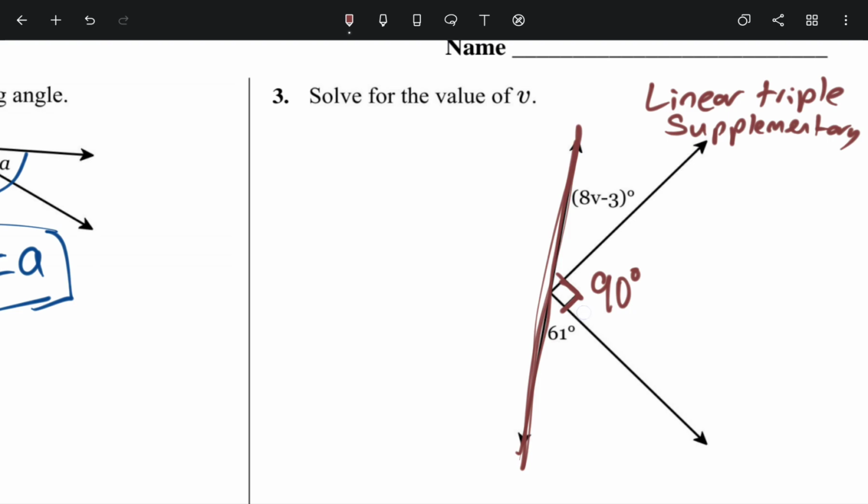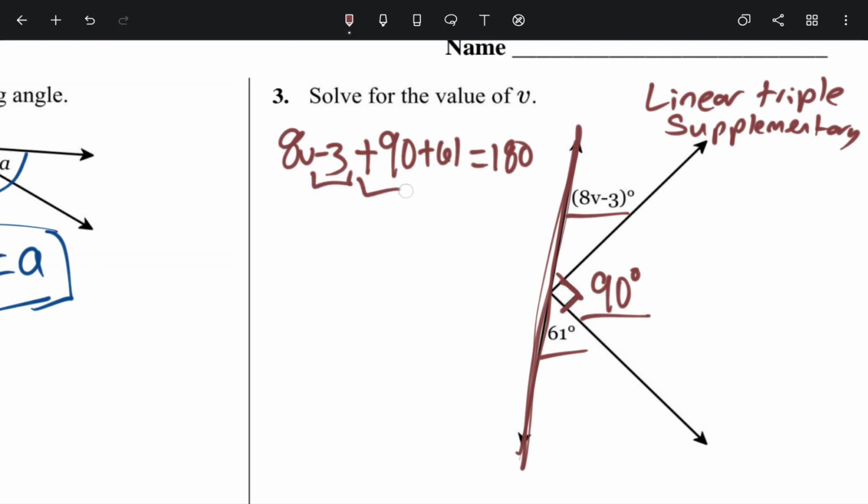So we're going to do 8V minus 3, which is this expression here, plus 90 plus 61 equals 180. Now I'm going to combine like terms.